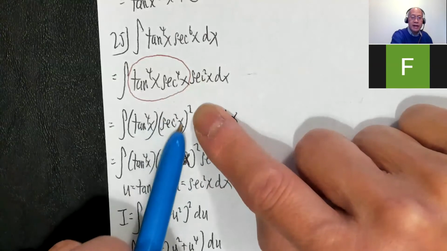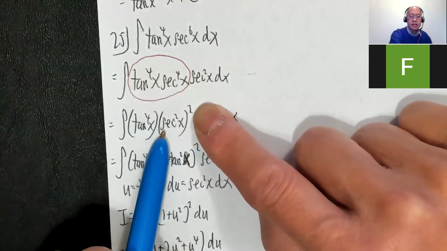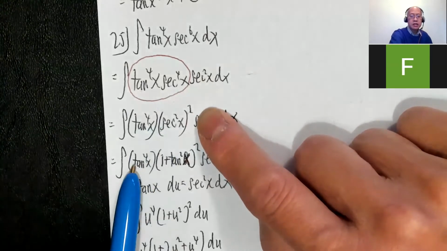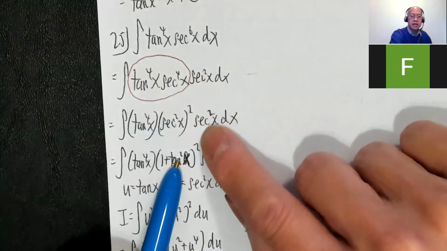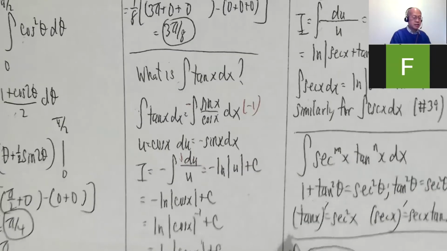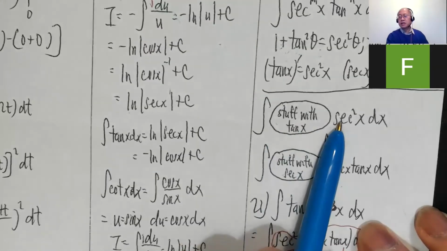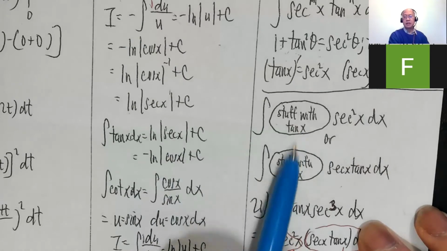And now can I rewrite this involving tangent? Yes, because secant squared x is 1 plus tangent squared x. So tangent to the fourth x, 1 plus tangent squared x squared, very messy, but this qualifies as quote unquote stuff with tangent. The only trig function that I see is tangent. Stuff with tangent x followed by secant squared x. This is not very mathematical. You won't see this in math textbooks, but you get the idea.